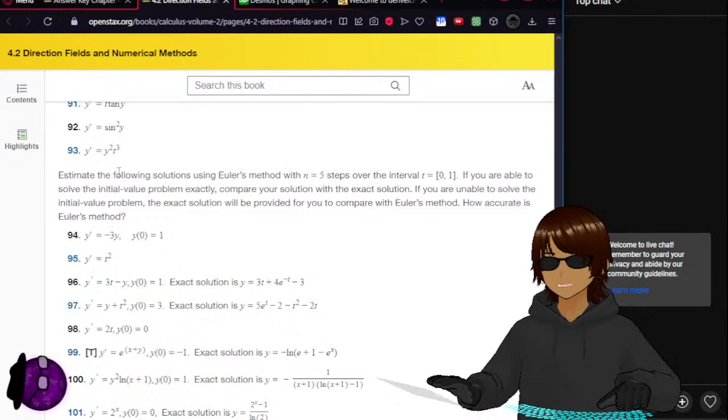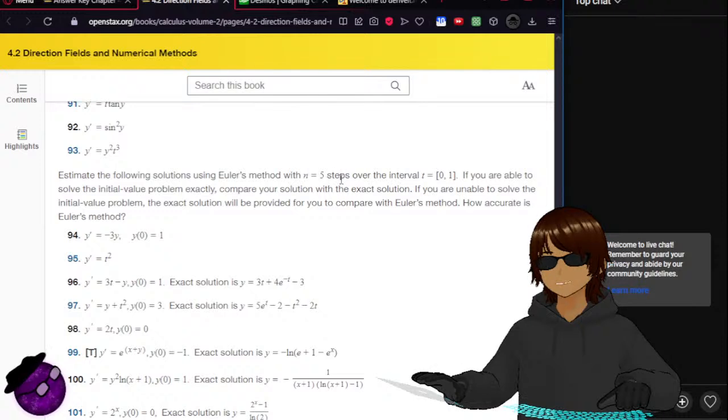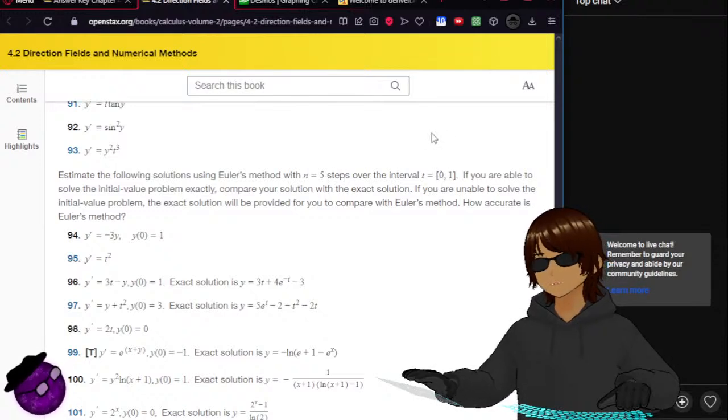Estimate the following solutions using Euler's method with n equal to 5 steps over the interval t from 0 to 1.